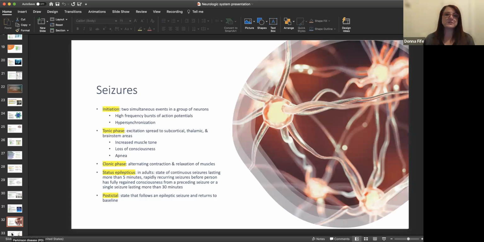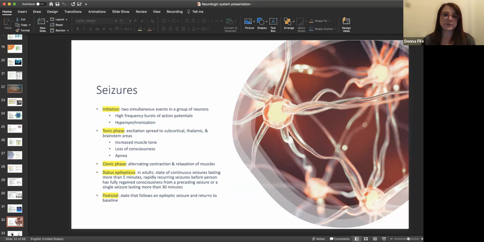More on seizures, initiation. There are two simultaneous events in a group of neurons: high frequency bursts of action potentials, and hypersynchronization. In the tonic phase, there's excitation spread through the subcortical, thalamic, and brainstem areas. There's increased muscle tone, loss of consciousness, and apnea. In the clonic phase, there's alternating contraction and relaxation of the muscles.